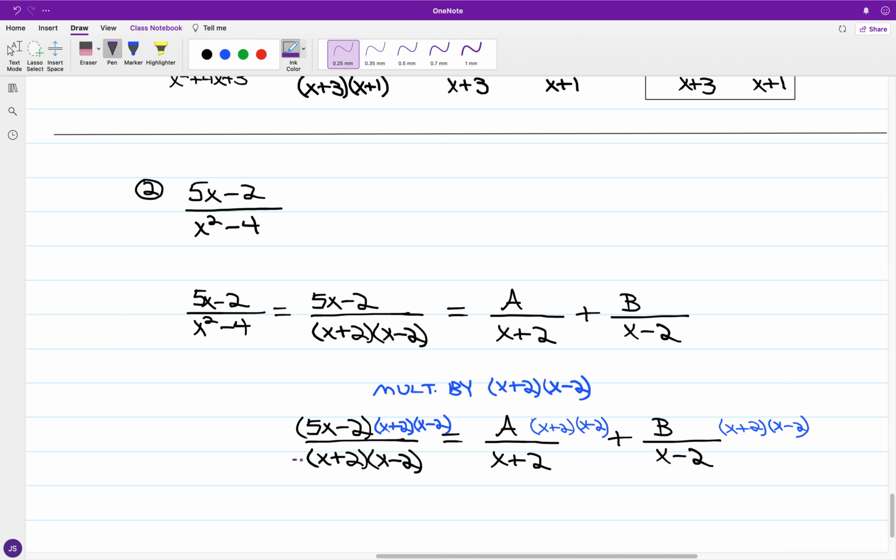And for what we have on the left, both x plus 2 and x minus 2 go out. So left hand side, we have 5x minus 2, and putting A and B in direct terms.